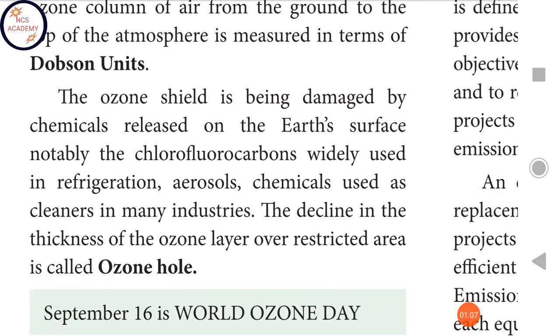Here you see that the ozone shield is being damaged by the chemicals released on the Earth's surface, notably the chlorofluorocarbons widely used in refrigeration, aerosols, and chemicals used as cleaners in many industries. The decline in the thickness of the ozone layer over a restricted area is called ozone hole.